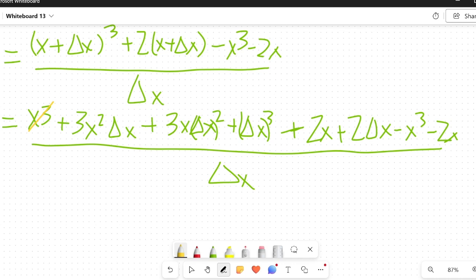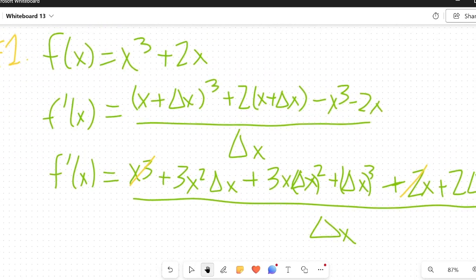So these 2x will cancel out with the negative versions. And now you see we can simplify all of this, because at this point, now actually, this is very important and I forgot it, but this is the limit as delta x approaches 0, right?